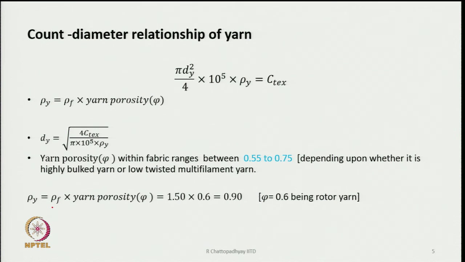So, the fiber density is 1.5 if it is cotton yarn, and we have taken 0.6 as the typical value of porosity for rotor yarn.